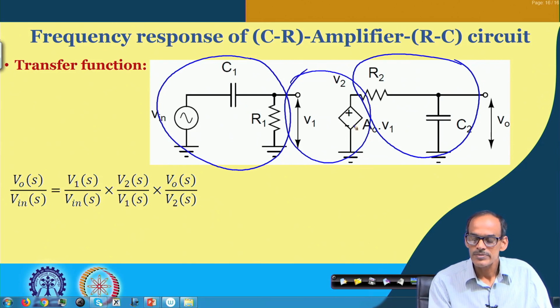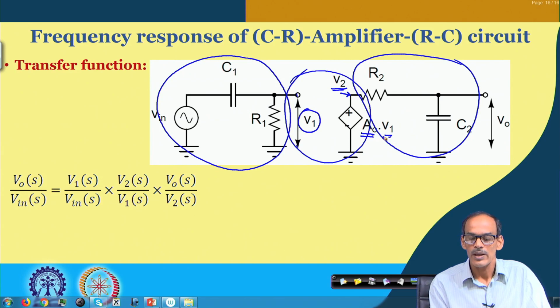This block takes whatever voltage gets developed, call it V1, and produces a voltage V2, which is a constant times V1.